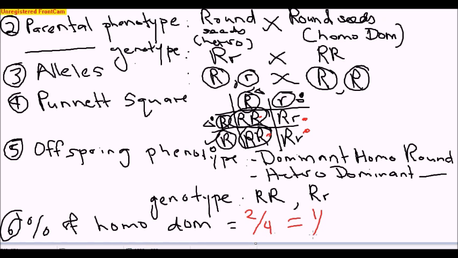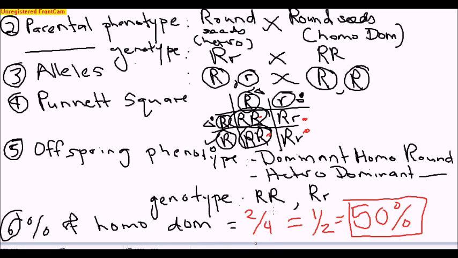This gives us half, and if you use your calculator, you will get 50%, which is the answer. So you box your answer. Here you have to be very careful. Remember that your alleles have to be always circled, and all these steps have to be present, or else you will lose marks on the test.